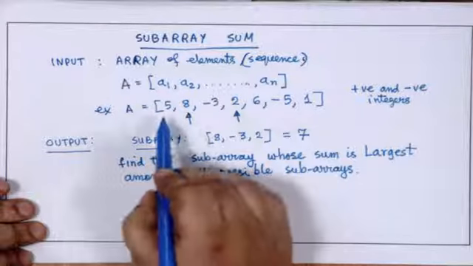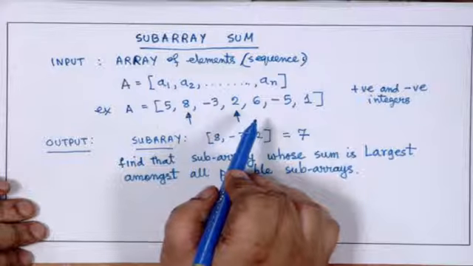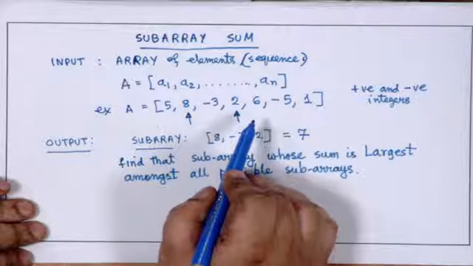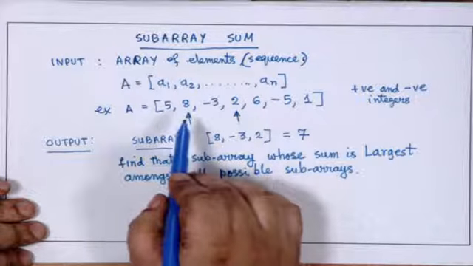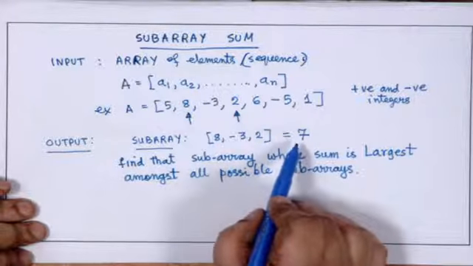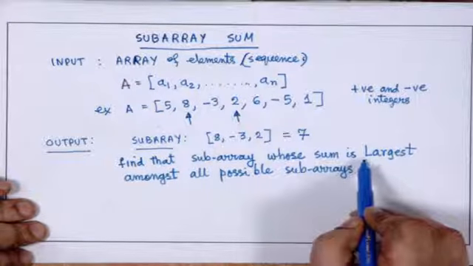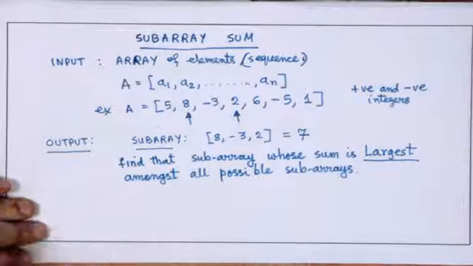So, here there can be order of n squared subarrays. It is very easy for you to see that there can be order of n squared subarrays, and for each subarray there is a sum, and we want to find that subarray whose sum is the largest, and we want to find the value of that sum.